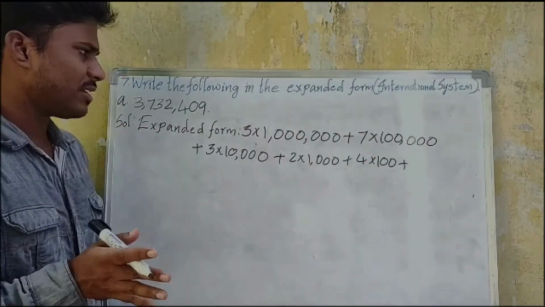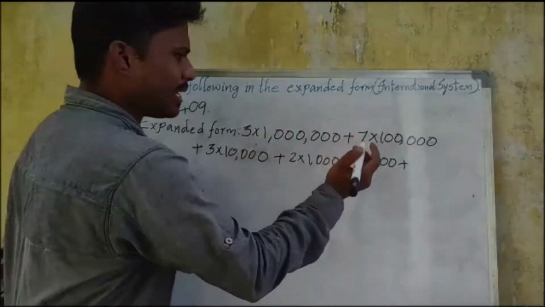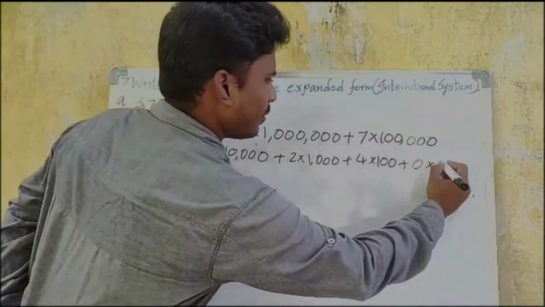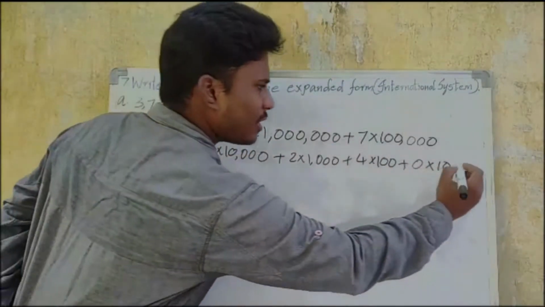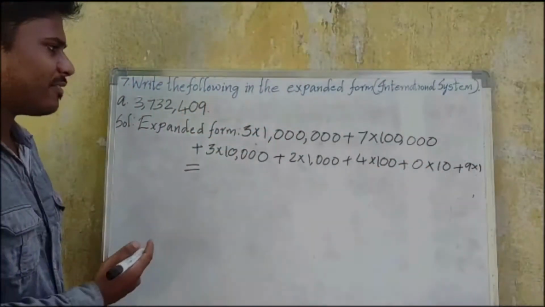So we have 2 options here. We can write 0 or else simply we can leave this place. So first, no problem, let us write this here. So 0 into 10 and last 9 in the ones place. So 9 into 1. So the final answer after multiplying will be like this.